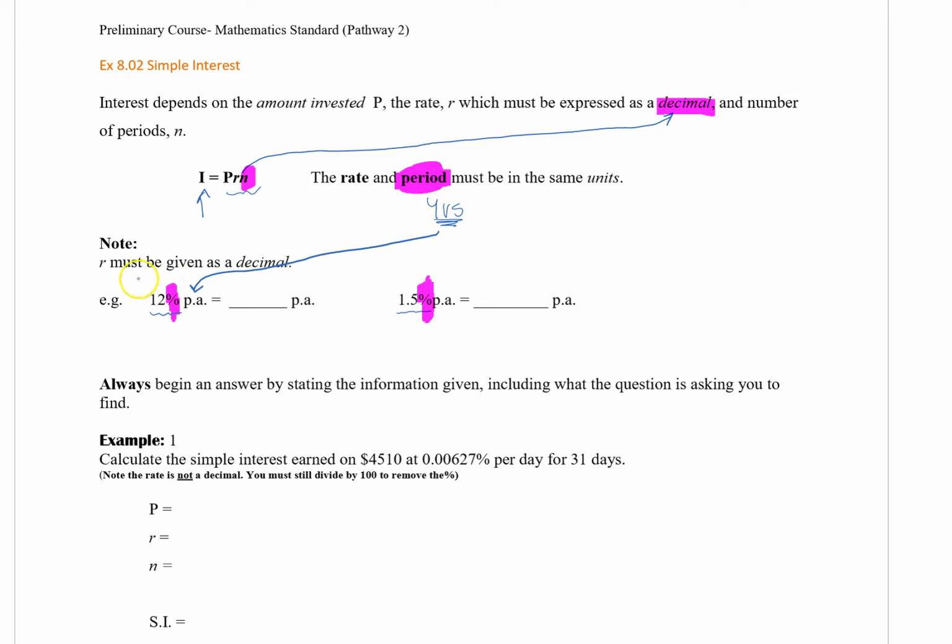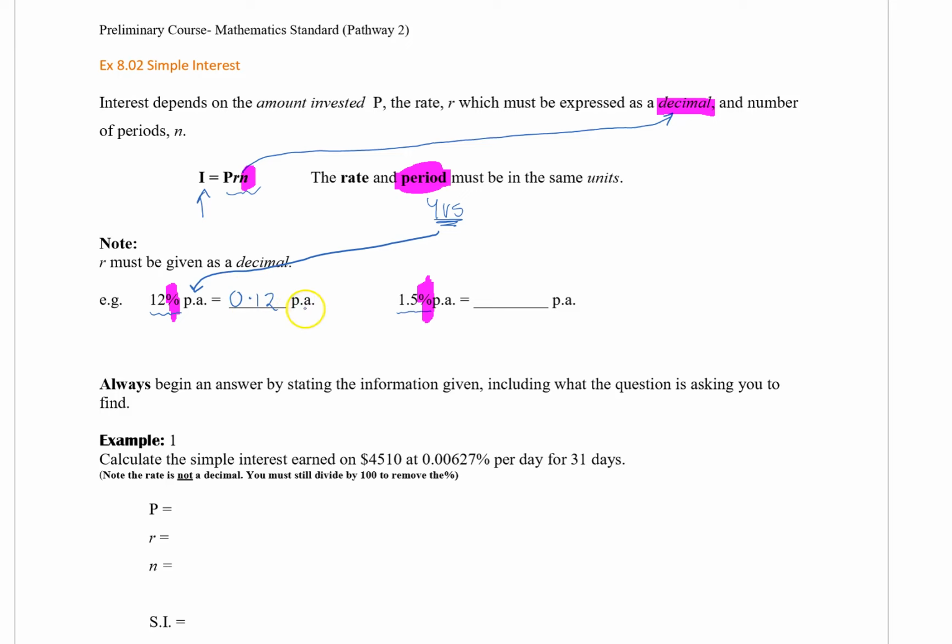So R must be given as a decimal. As you can see here, a little example is 12% per annum would become, as a decimal, move the decimal point back 2 places. And notice there's no percentage sign here. It's now in decimal form.